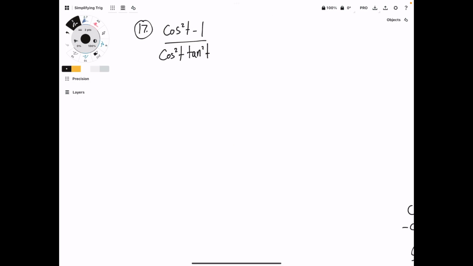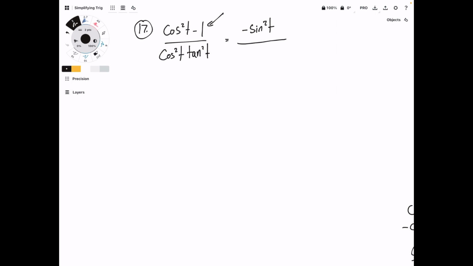For question 17, we have cosine squared t minus 1 over cosine squared t times tangent squared t. We actually figured out what this was in a previous problem, and this is negative sine squared t, which comes from one of our trig identities.